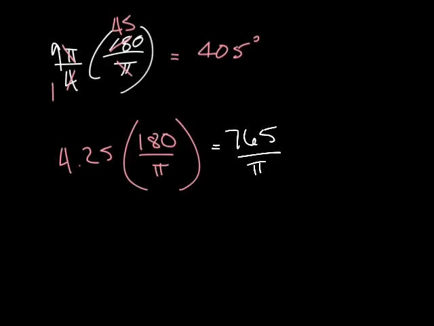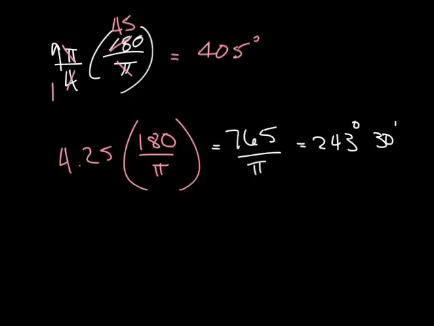And when I divide that by pi, I get 243.5 degrees or 243 degrees, 30 minutes, depending on what they want. But they said to do it toward degrees, so I just did it in degrees and minutes.